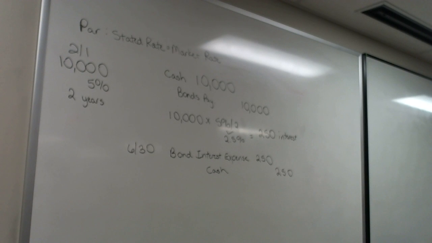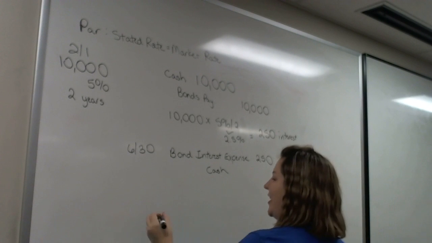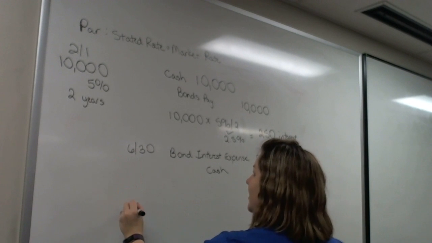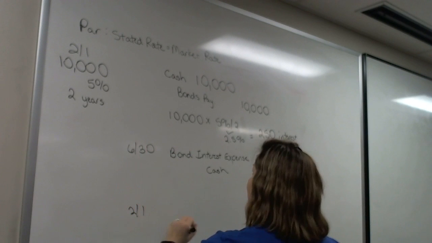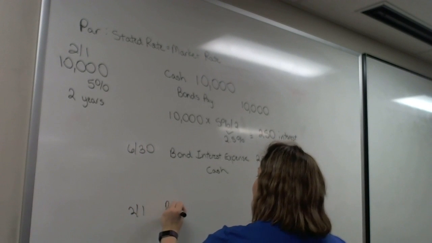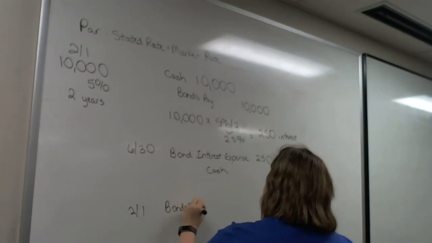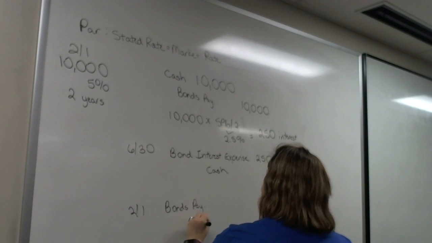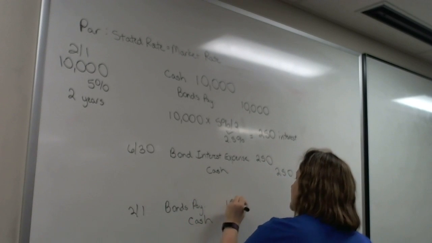And then when this bond matures in 2 years, remember, what are we going to pay back? I think I heard someone say we're going to pay back the face value of $10,000. So, you know, in 2 years when this bond matures, it's February 1st, 2 years from now, we're going to debit bonds payable and credit cash for the $10,000.